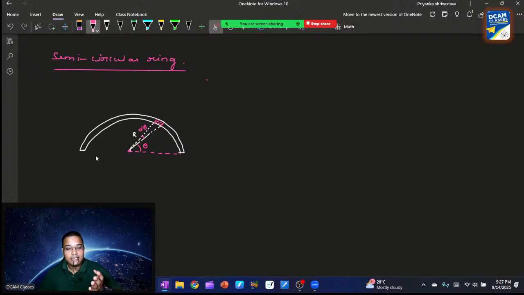Now x center of mass we need not find, because this is a symmetrical body. The x part will be at the center, along this line. When the body is symmetrical, the center of mass lies along a line cutting it in half. But we do not know about y because the lower part is missing.